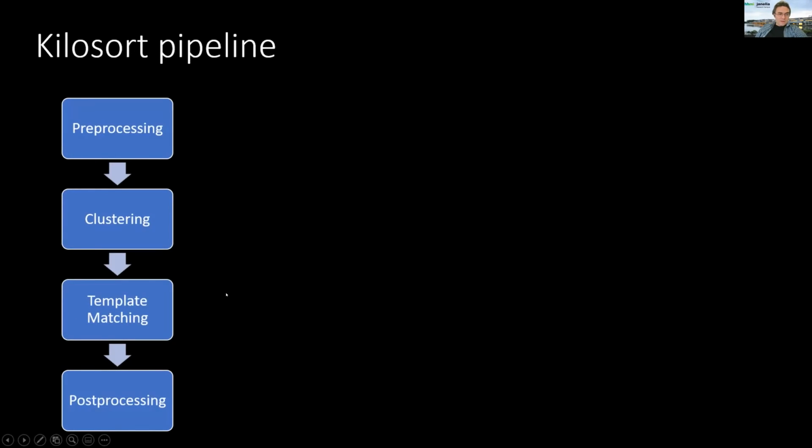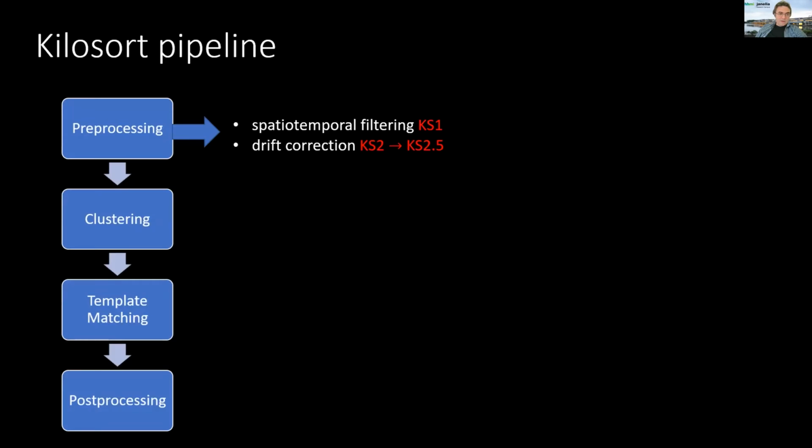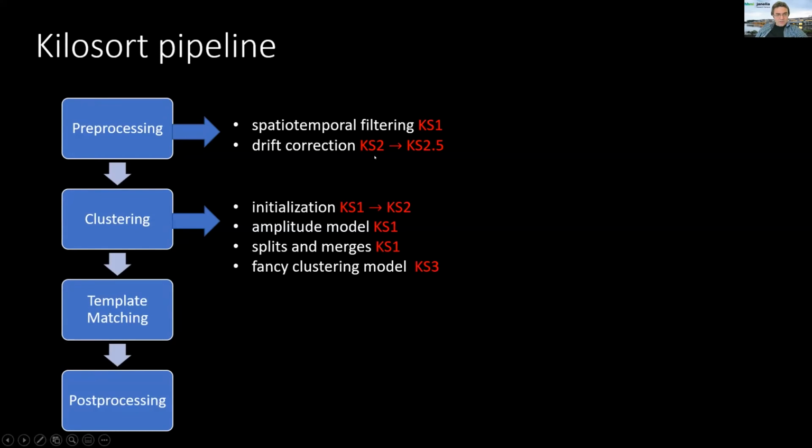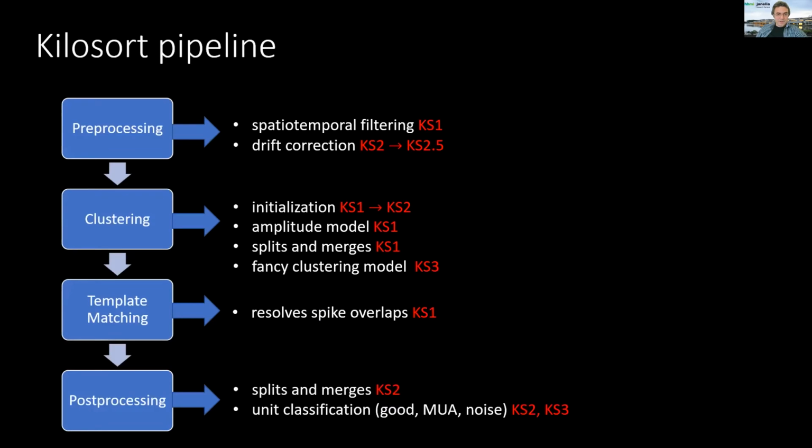Once we have waveform templates, it allows us to identify overlapping spikes. And there's some post-processing that happens to detect if units are good, for example. Here are those particular kinds of steps that are involved in all of these. I'm not going to go into all of these steps carefully, just to leave time for questions.